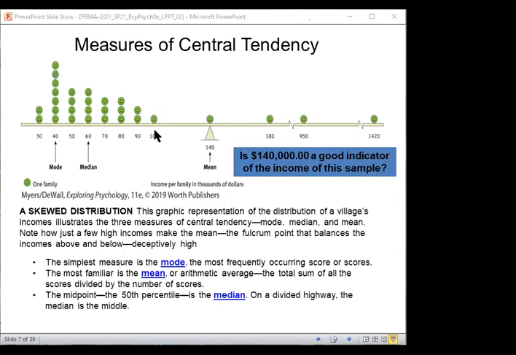Because what we can see with this skewed distribution is that most of them fall on the left side of this graph, with some making 100, 90, 87. So probably the best number to provide would be this middle number, the median. If you provide $60,000 as the median income of this group, it'll probably be more realistic and more accurate than any other number.